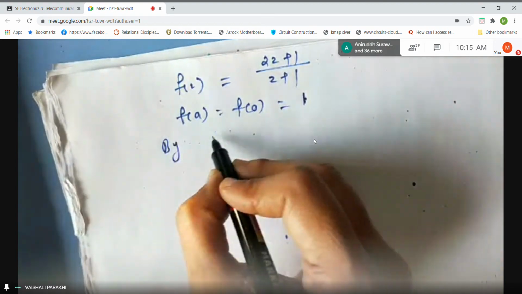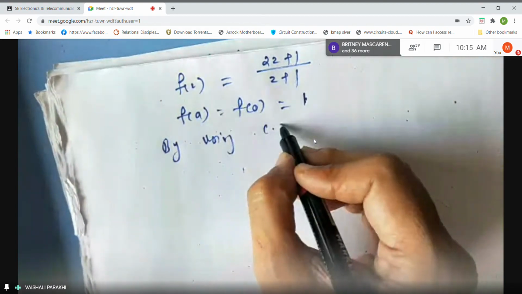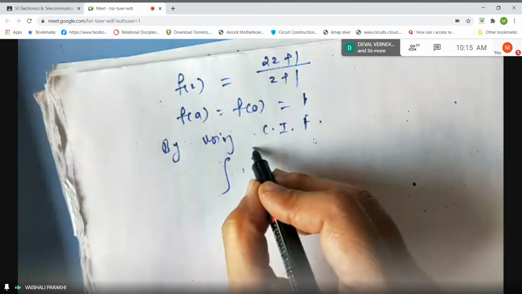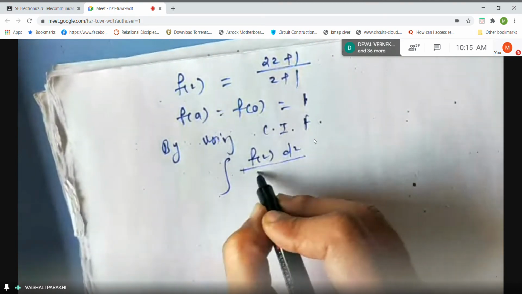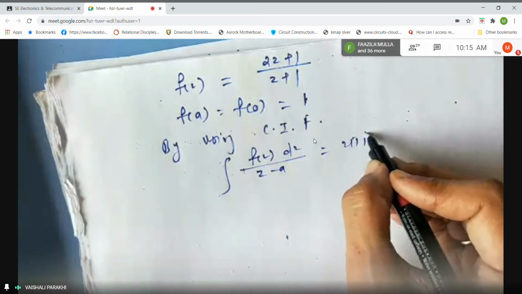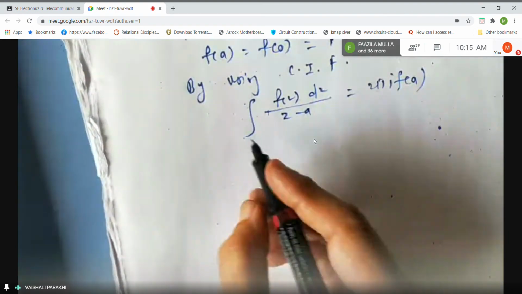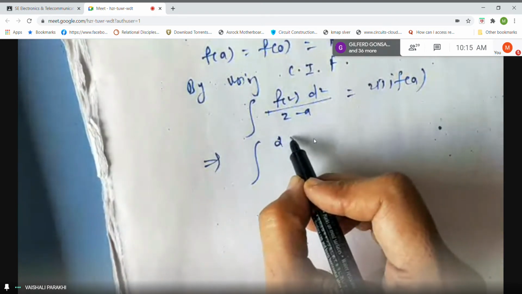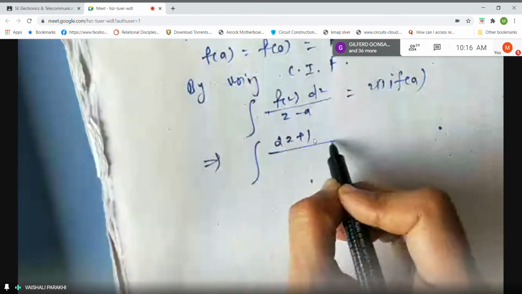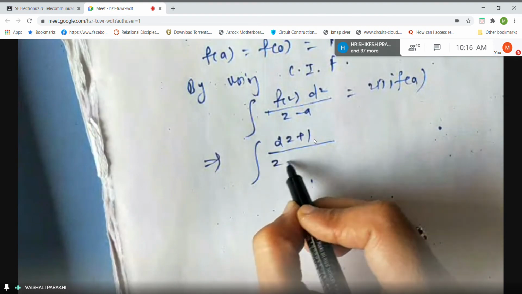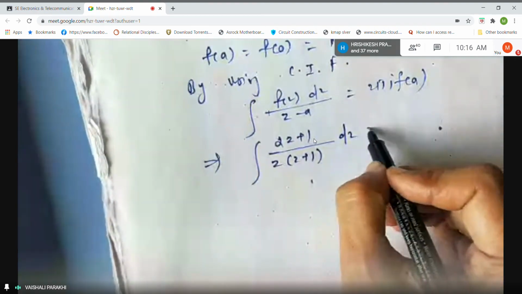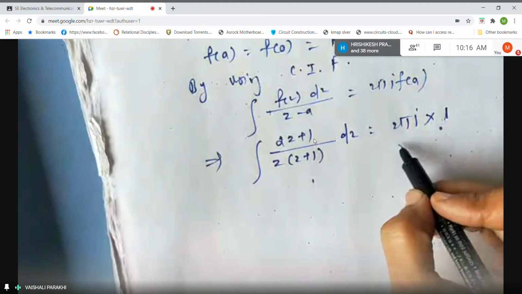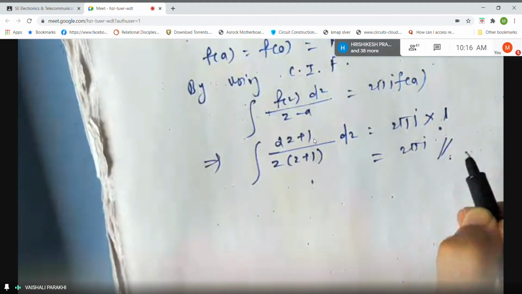So by using Cauchy's integral formula, the value of the integral of f of Z dz divided by Z minus A is 2 pi i f of A. Here, the integral of 2Z plus 1 divided by Z into Z plus 1 dz is equal to 2 pi i into f of A, which is 1. So our answer is 2 pi i.